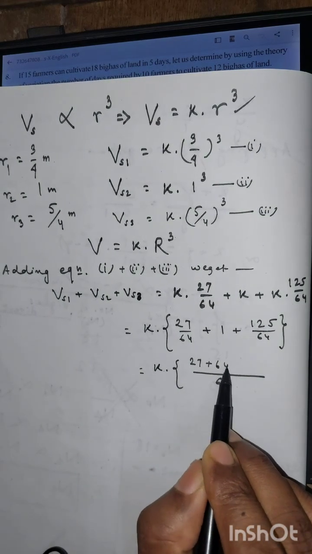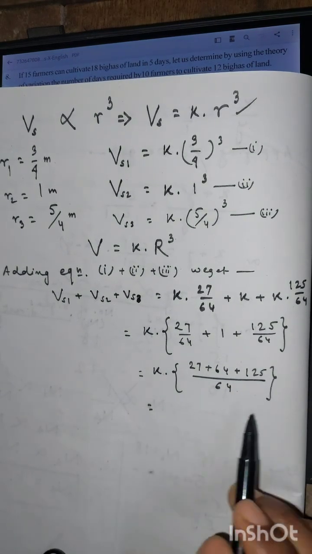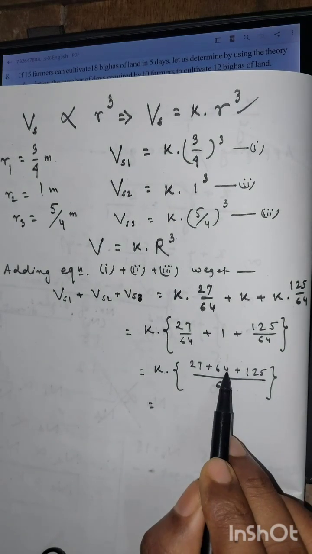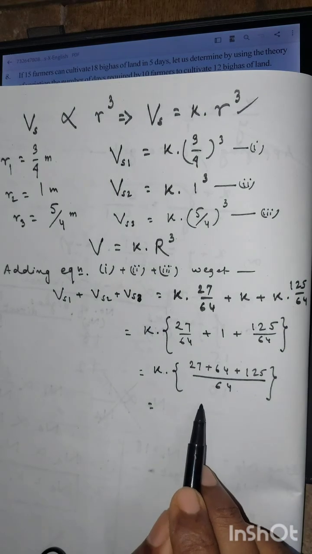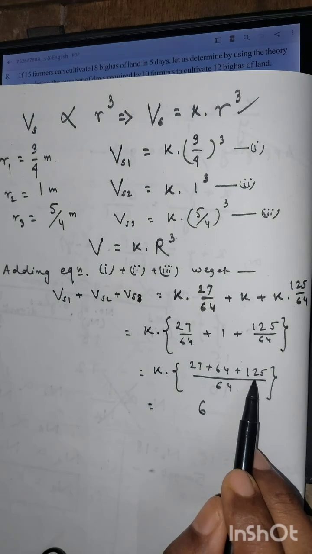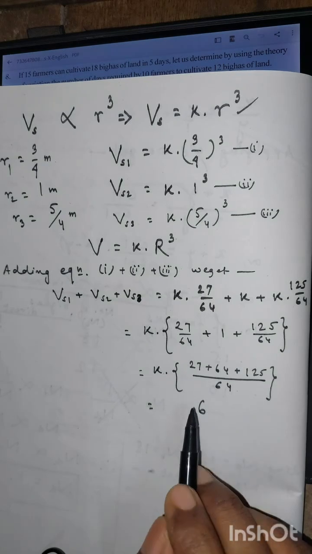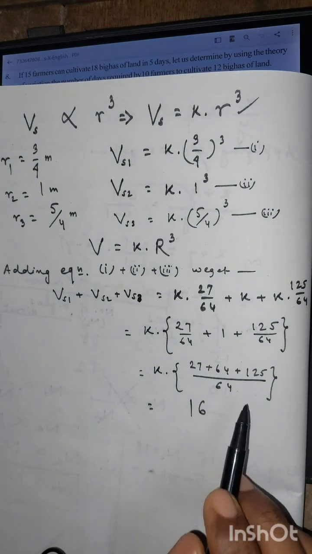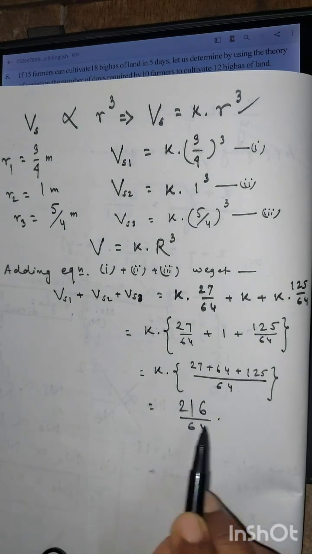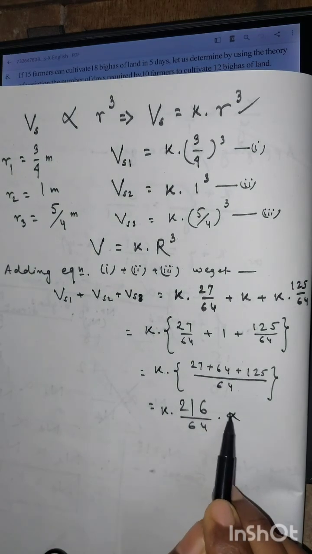27 plus 64 plus 125. This is 549 plus 7, 16. 1 carry. 8 plus 2, 10 plus 1, 11. 1 carry. 216/64 into k.